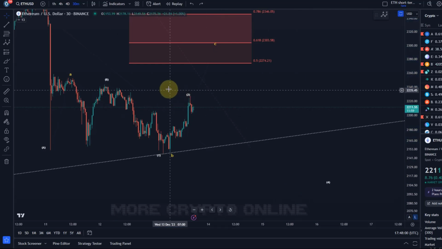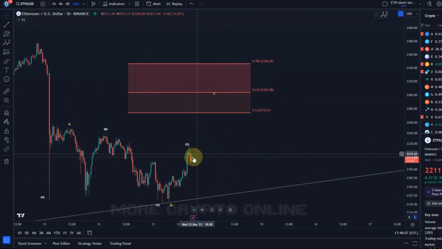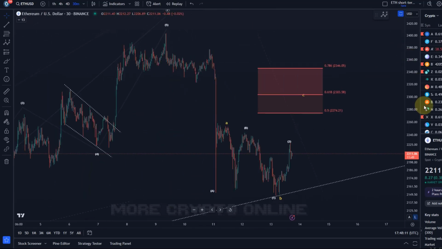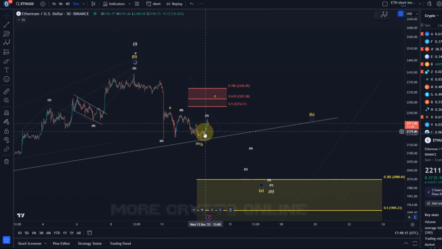It tells us as well that if we break above that high, that was made at 2,242, it will likely send us into the red resistance zone. But that is just the micro counting. Important is to understand resistance.